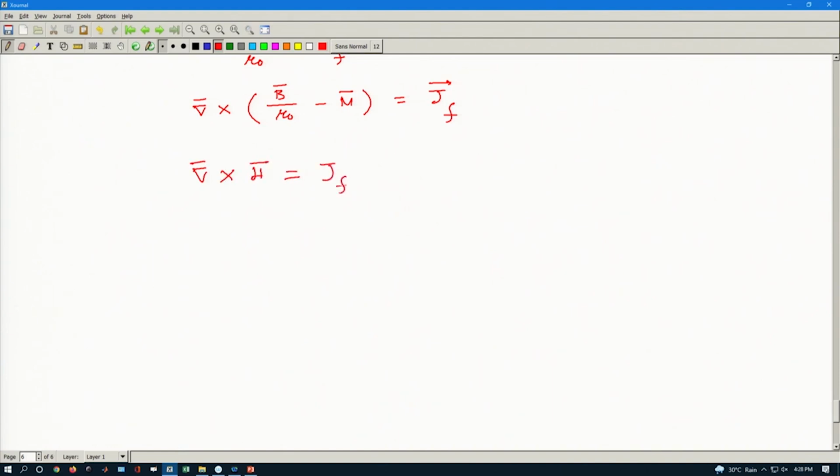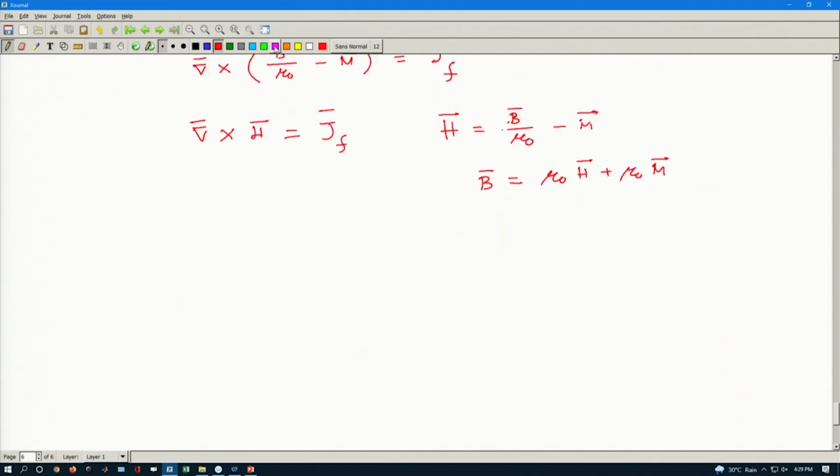This is another form, where H is simply B divided by mu 0 minus M, or in other notation B is mu 0 H plus mu 0 M, whatever.